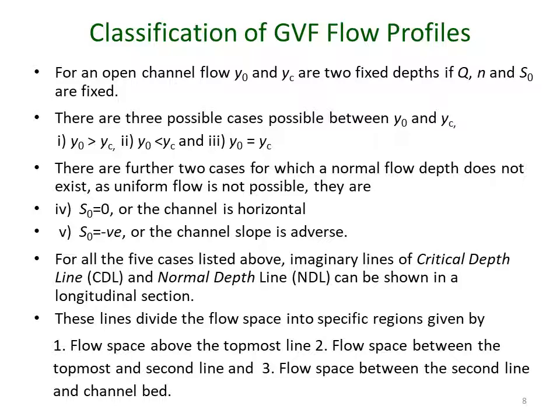These lines divide the flow space in the flow profile into specific regions, where region number 1 is the flow space above the topmost line, region 2 is the flow space between the topmost and the second line, and region 3 is the flow space between the second line and the channel bed. This will become more clear with the diagram representation of the same.